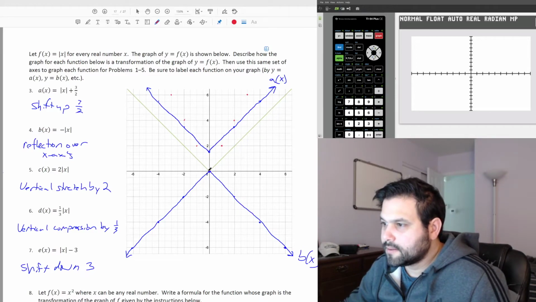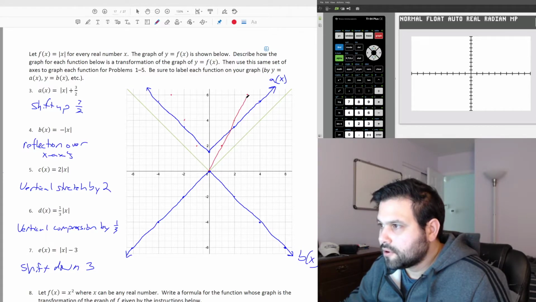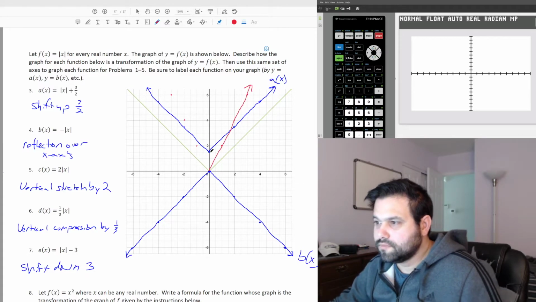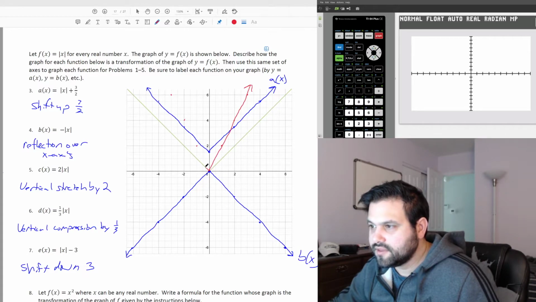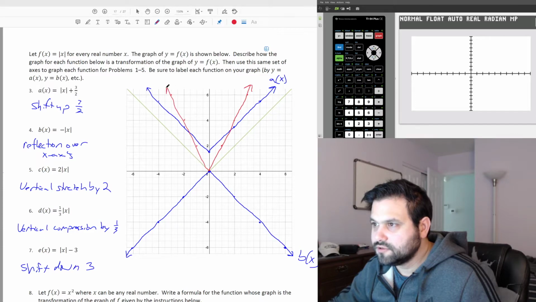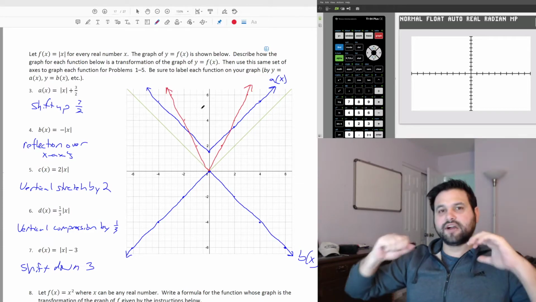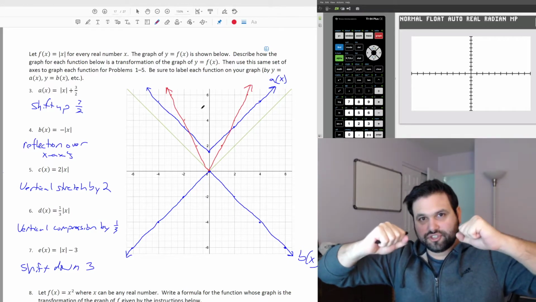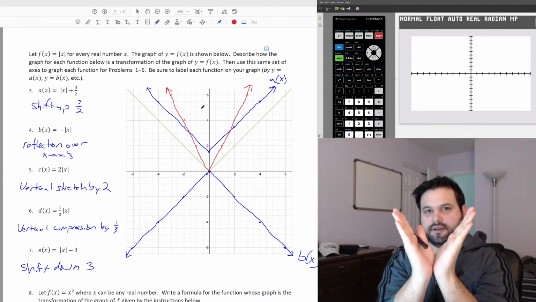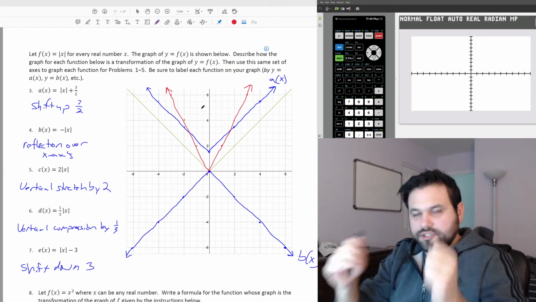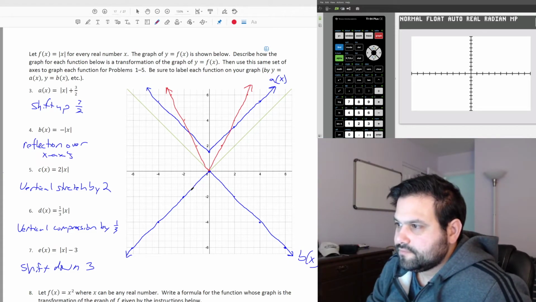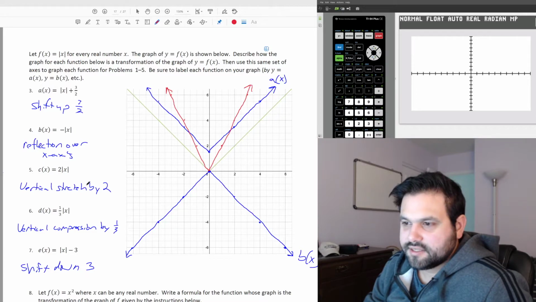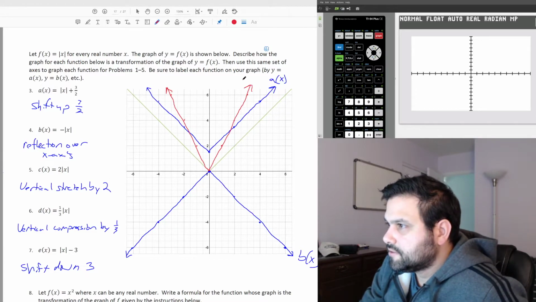And we get this shape, which looks much more narrow than the original shape. That is definitely one of the words we used in Unit 1 to describe a vertical stretch, because we've taken that sort of V shape and we've stretched it vertically, which kind of pulls it in. Okay, and that is C of x.